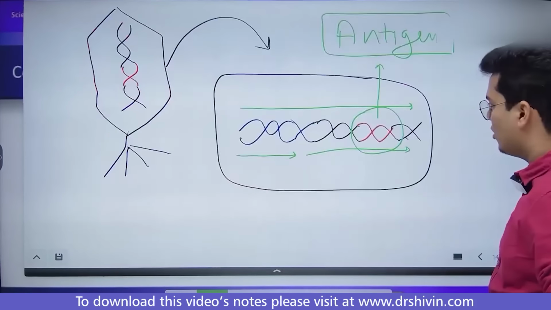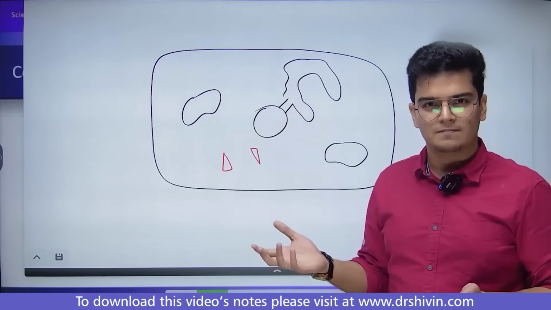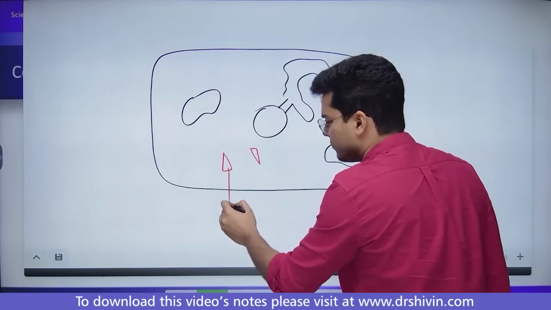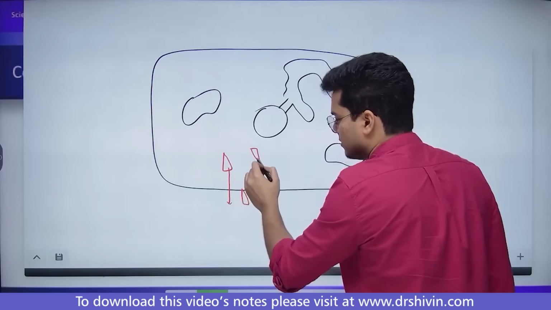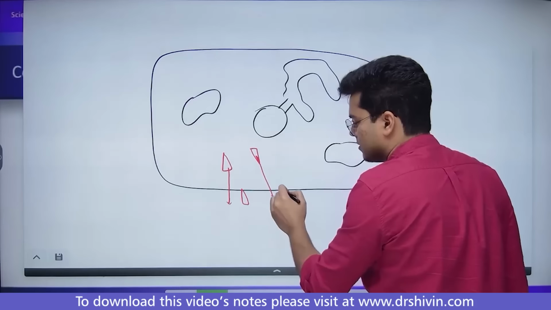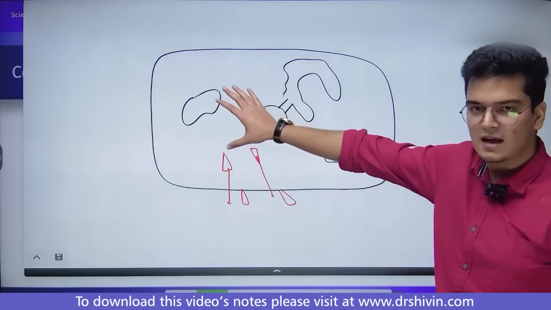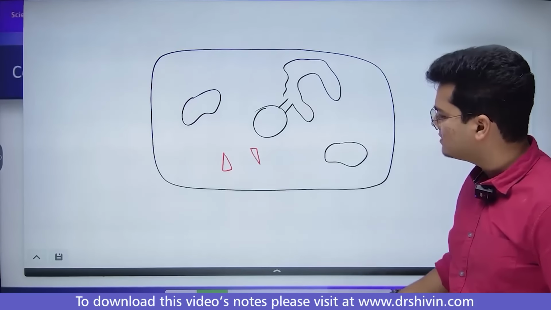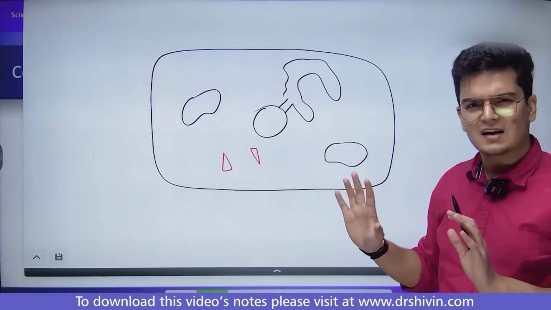Now, in the process of normal life, this cell will die sometime, or there will be a process through which this antigen will find its way outside. Okay, let's just consider the first process, that this cell normally will die at some stage of life.